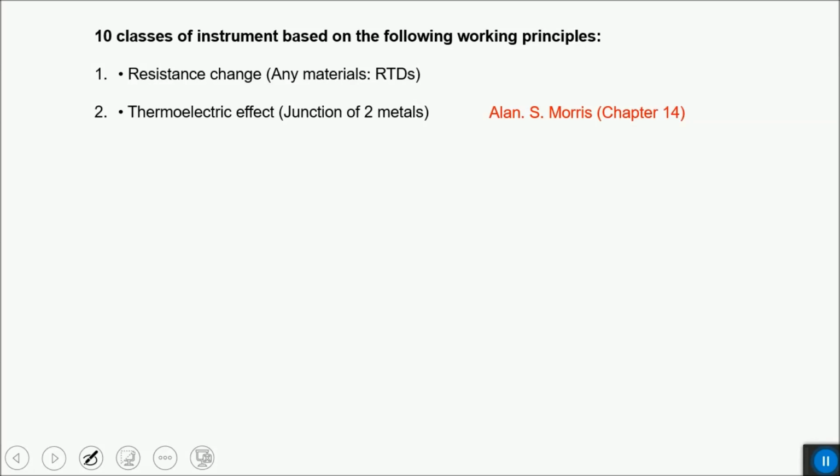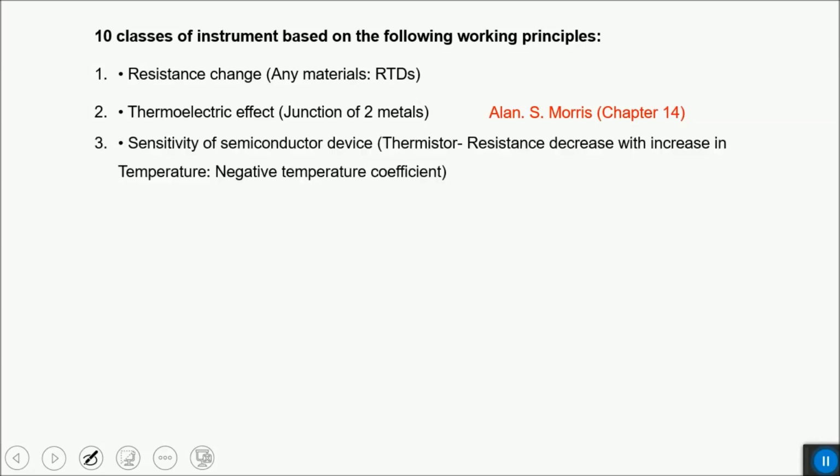The second one is the thermoelectric effect, that is the junction of two metals. Third one is the sensitivity of semiconductor devices towards temperature, and they are different from the simple resistive temperature sensors, RTDs, in terms of their temperature coefficient. So the temperature coefficient was positive for RTDs and it is negative for semiconductor based temperature sensors. So their resistance decreases with increase in temperature.